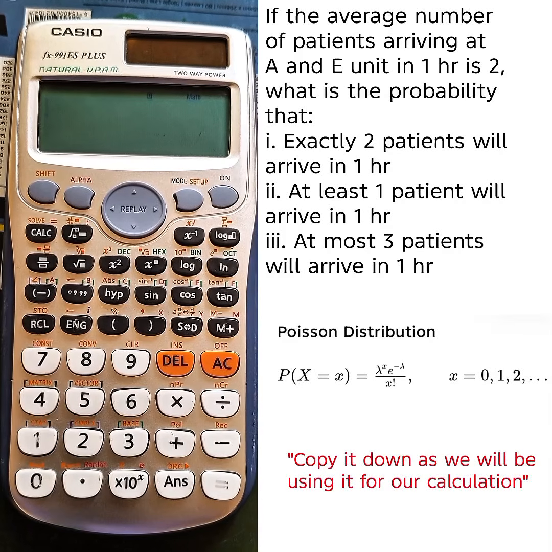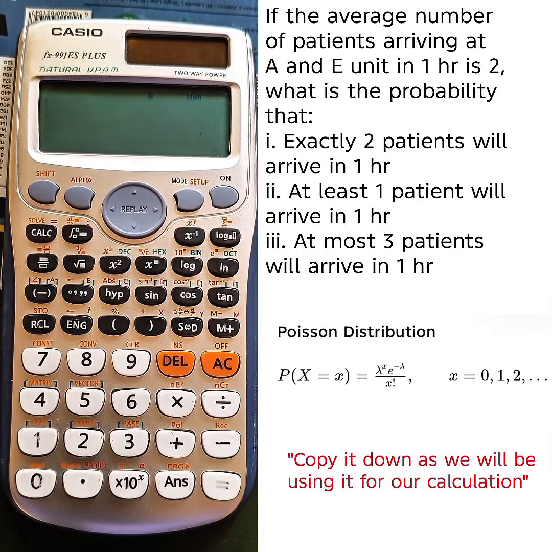If we are asked to calculate a Poisson distribution, for example, a question is given as: if the average number of patients arriving at an A and E unit in 1 hour is 2, what is the probability that (i) exactly 2, (ii) at least 1, and (iii) at most 3 patients will arrive in 1 hour?